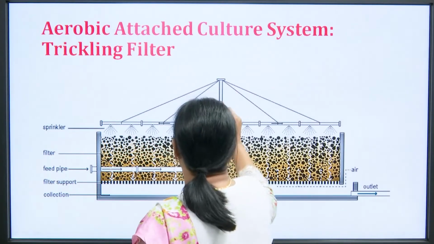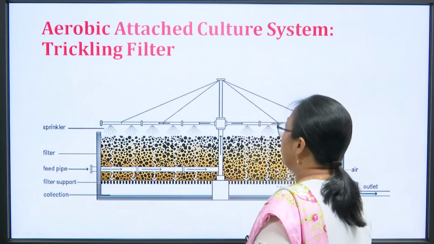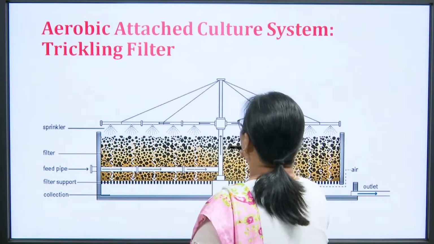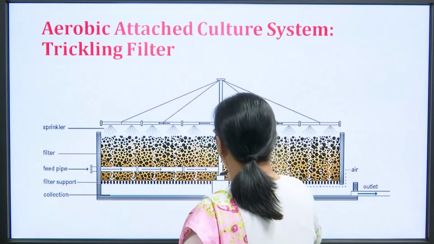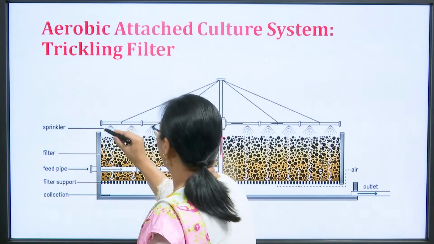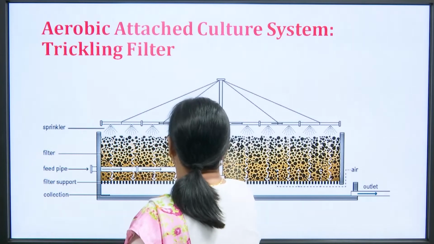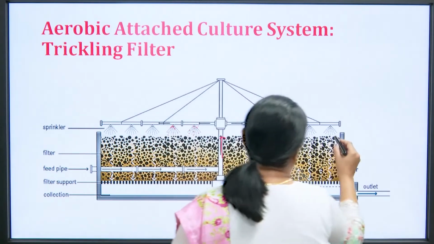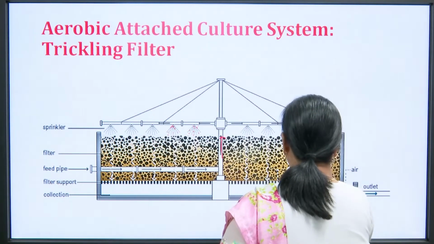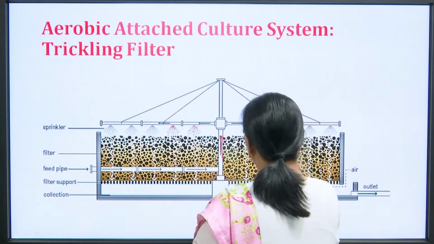So, what will happen is that the effluent from the primary sedimentation tank will be taken up through this pipe, and through this channel of pipes it will be sprinkled through these sprinklers, okay. You have the filtering media here, the black ones, and they will be sprinkled.